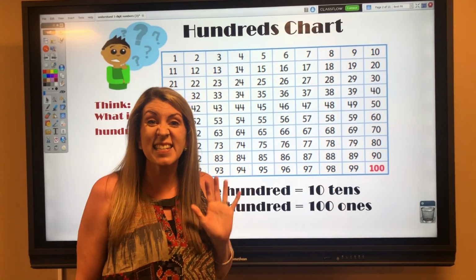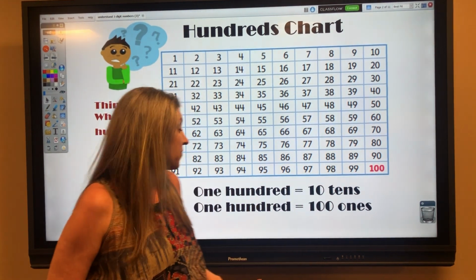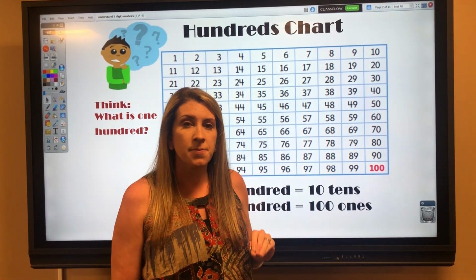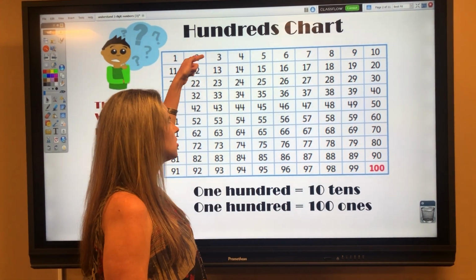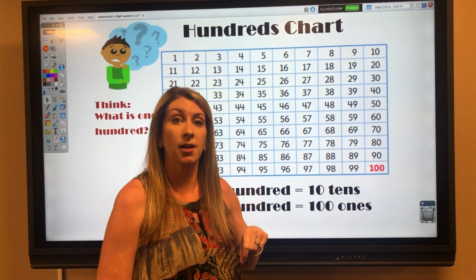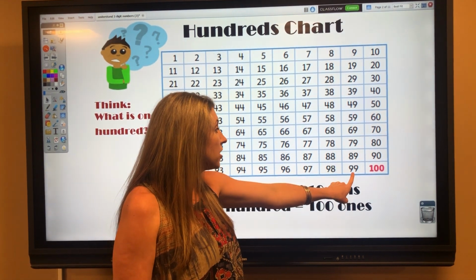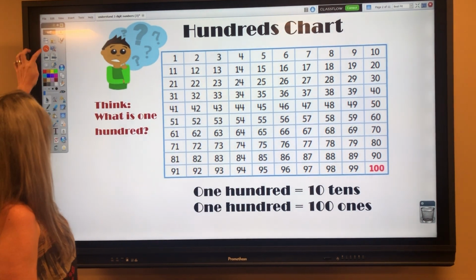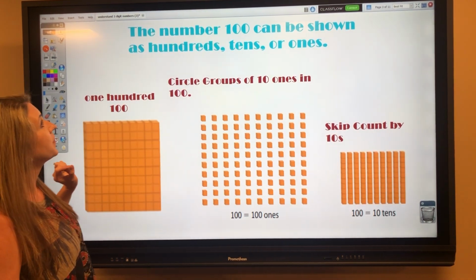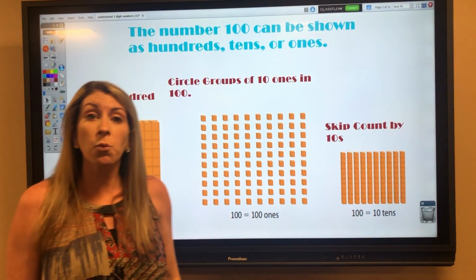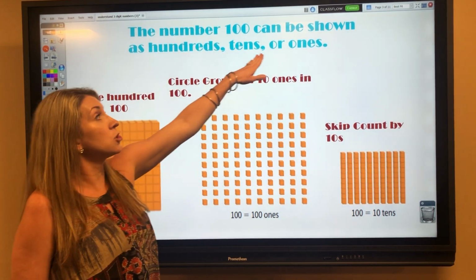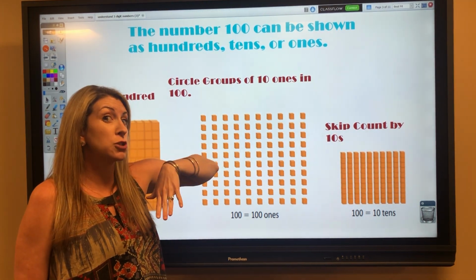So that's 10 tens in 100. 100 also equals 100 ones, so you can count by ones all the way till you get to 100. And 100 is the number that comes right after 99. So the number 100 can be shown as hundreds, tens, or ones, just like I was showing you.